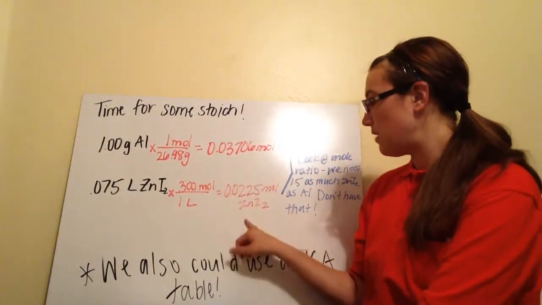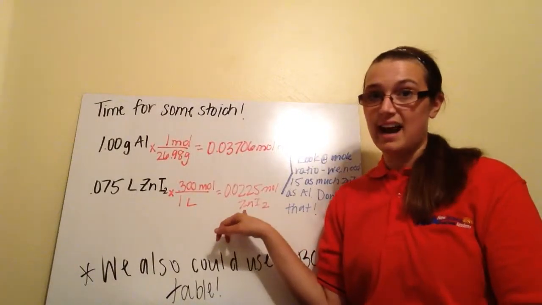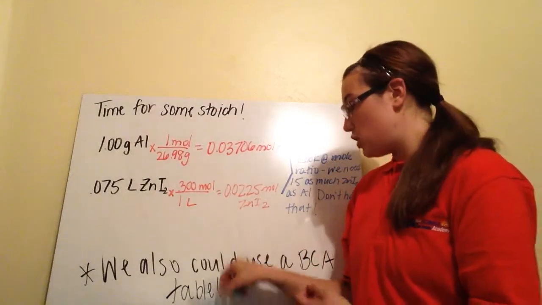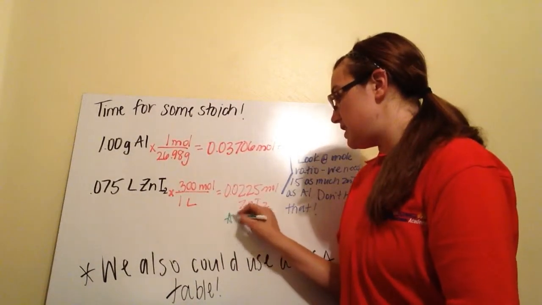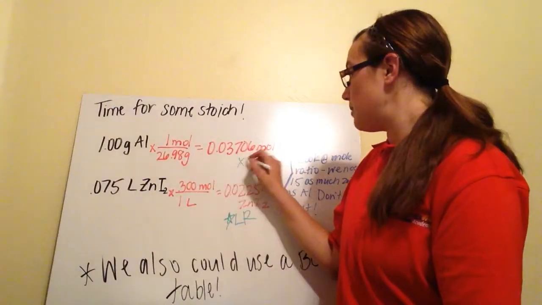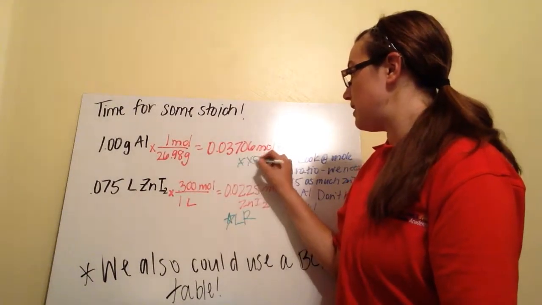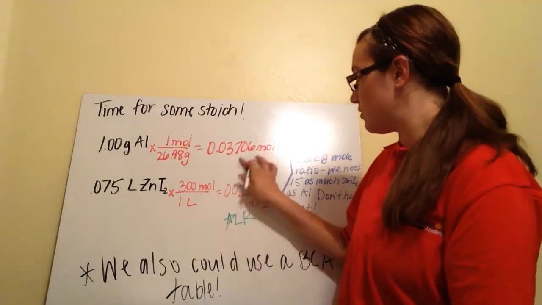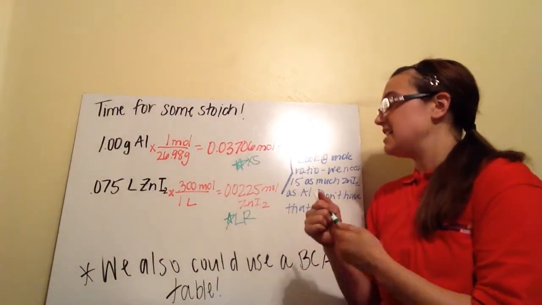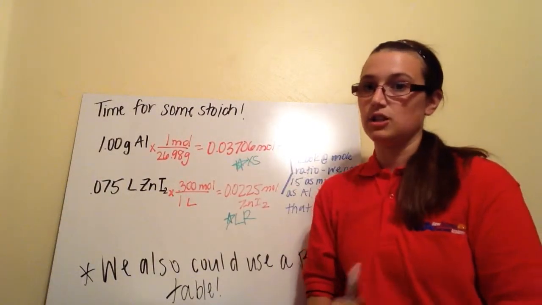If we look at our amounts here, we have less zinc iodide than aluminum, and from the balanced equation we need more. So what that means is this zinc iodide is my limiting reactant. The aluminum is my excess. So let's change this to a star. So my limiting reactant is zinc iodide, my excess is aluminum.